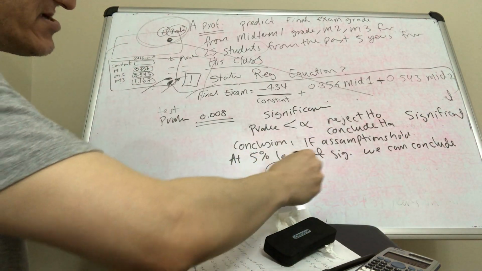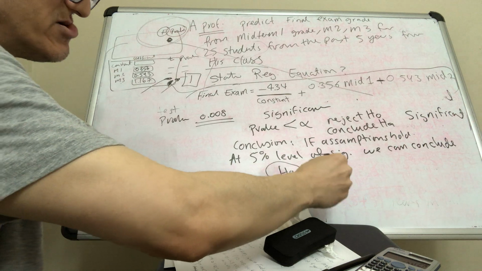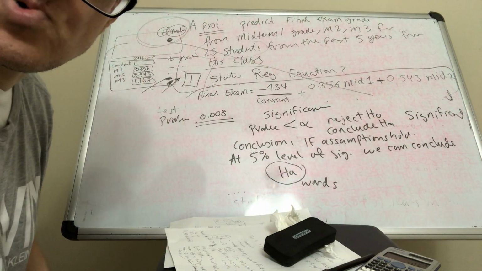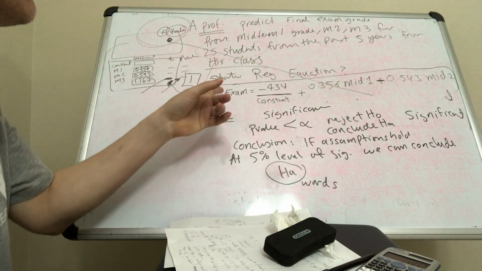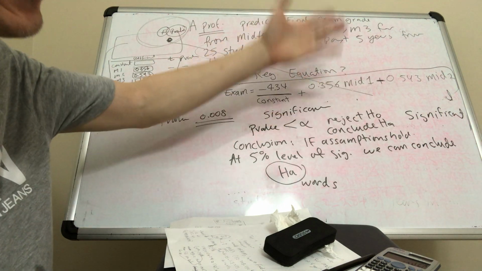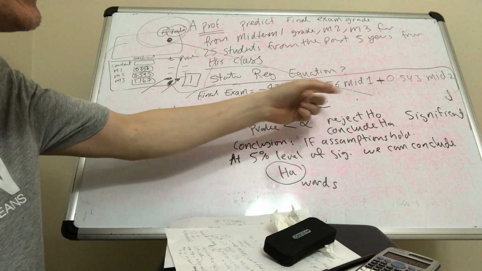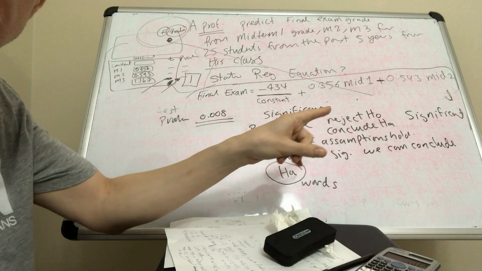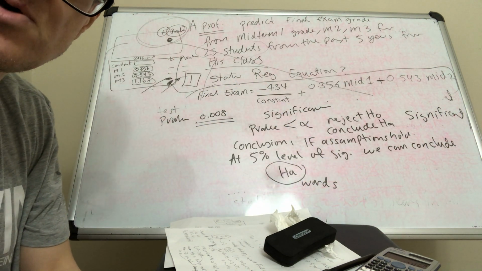And again, for HA, we say what that is in words. We can conclude that final exam increases when midterm 3 increases, whatever we had in the definition of B3.